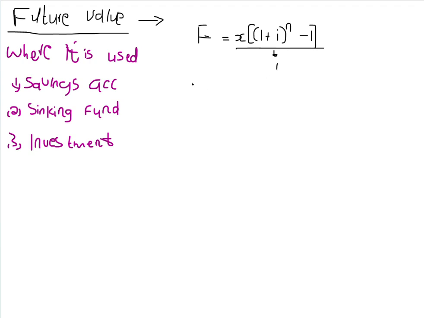F will be our future value. The word future tells us of the time to come. So future value will be the amount that you will have. And X stands for the monthly payments.